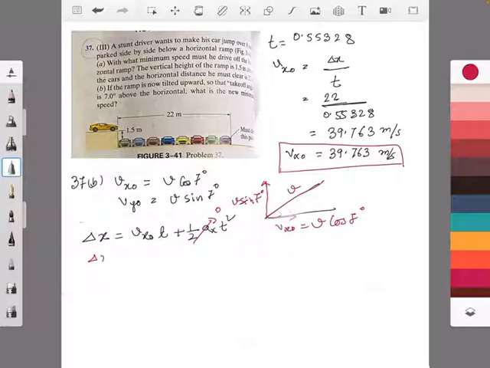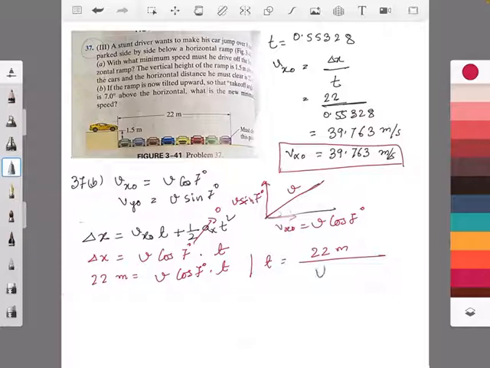So delta x will be Vx0, which is V cos 7 degrees times t, or 22 meters equals V cos 7 degrees times t. Now from here we can find an expression of t as a function of v, which is 22 meters divided by v cos 7 degrees.